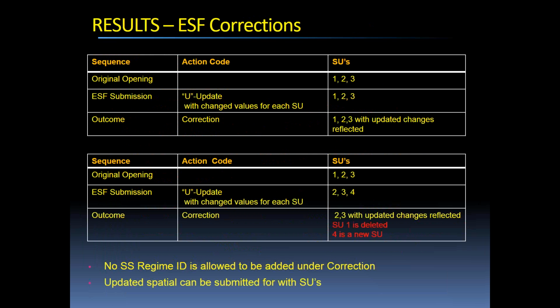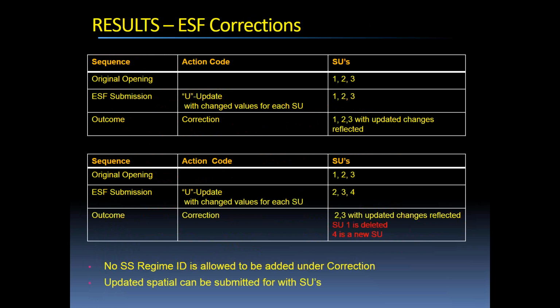So I'm going to go through the structure of how the ESF file should appear at a very high level to illustrate how things will turn out. In this example, in the first table, I have an original opening with standards units 1, 2, 3 that appear in results currently. I want to make a correction because something was incorrect about the information reflected in results.